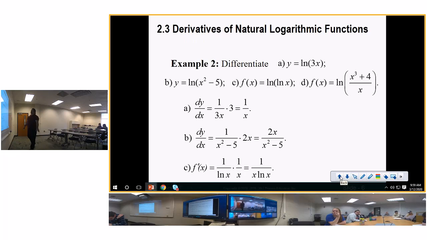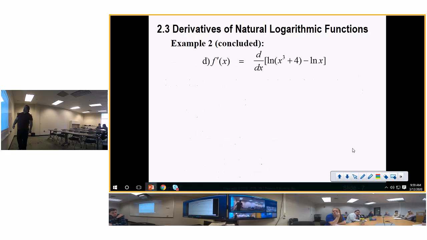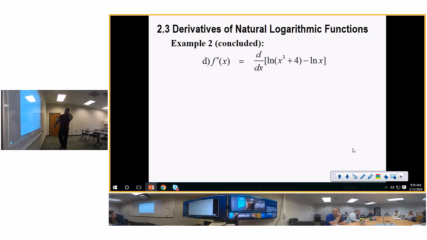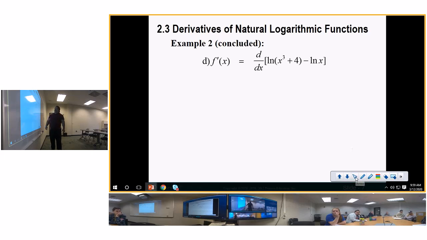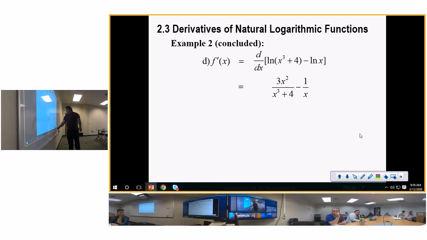And then you're going to use the quotient rule here, and that's going to give you the derivative of natural log of x cubed plus 4 minus the natural log of x, and of course then you get 3x over x cubed plus 4. The derivative of the natural log of x is 1 over x, and then if you wanted to, you could get a common denominator and cancel out what's left. And that's what they did.